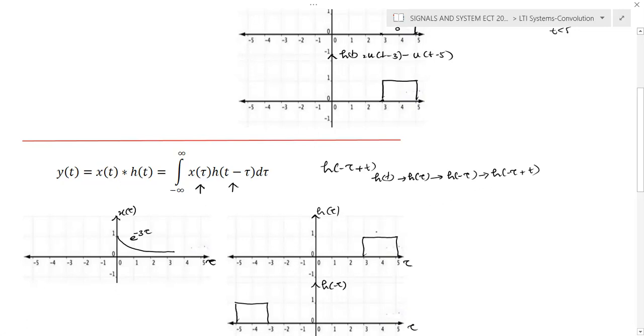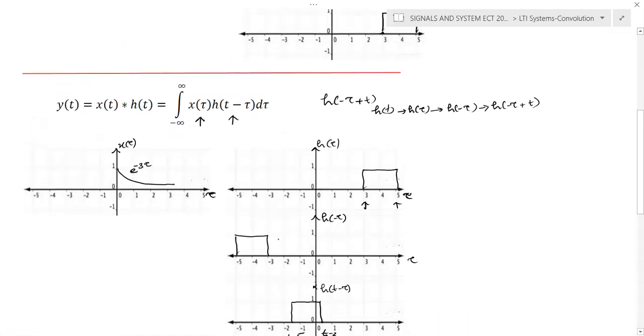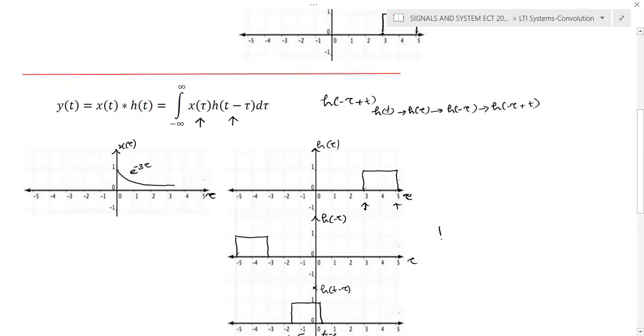The first signal is h of tau, which is simply replacing t with tau. Now you'll get the time reversed version h of minus tau. Here the signal is from 3 to 5, and when you time reverse it, it becomes minus 5 to minus 3, and the amplitude will be the same. So you got a signal between minus 5 and minus 3.